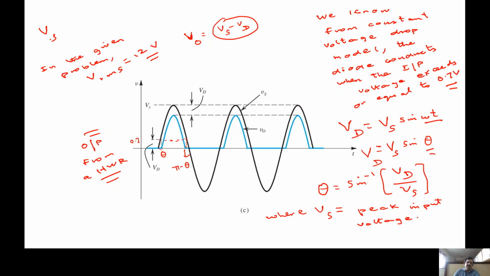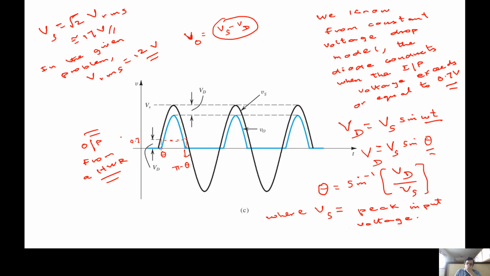The peak input voltage is related to Vrms as root 2 Vrms. Root 2 is 1.414, Vrms is 12. You multiply, you can check, you will get nearly 17 volt.